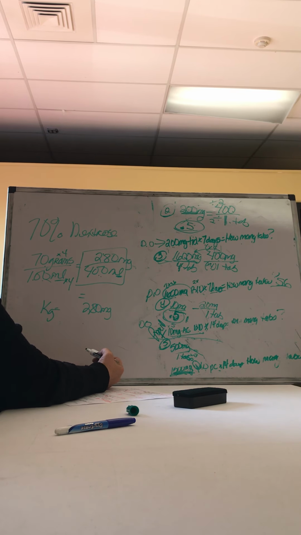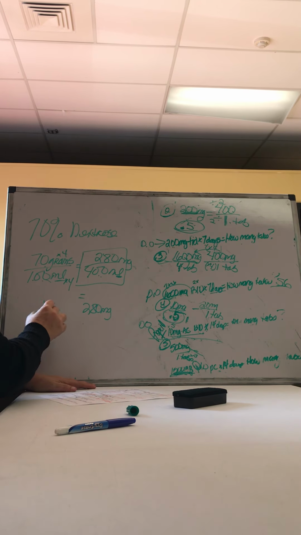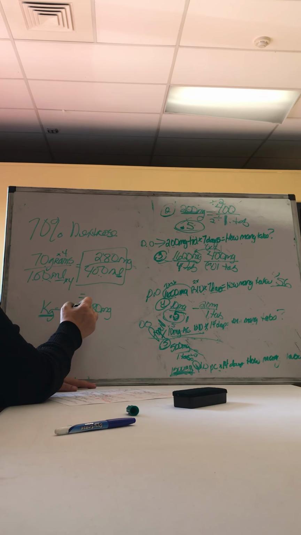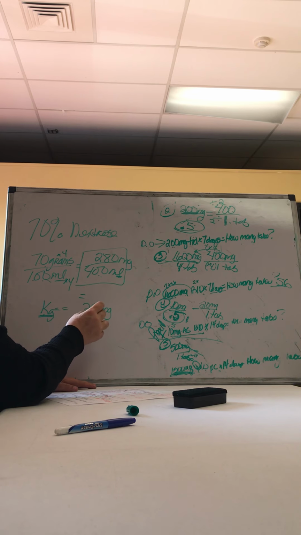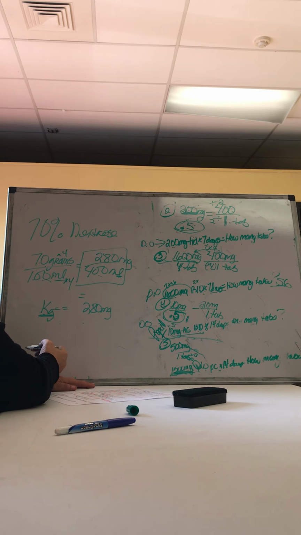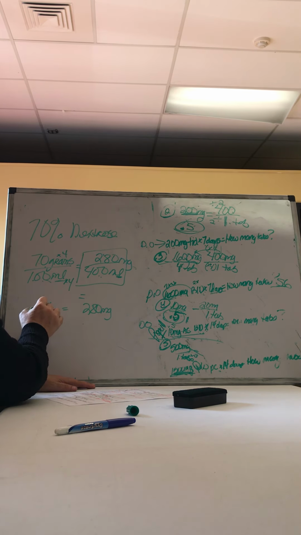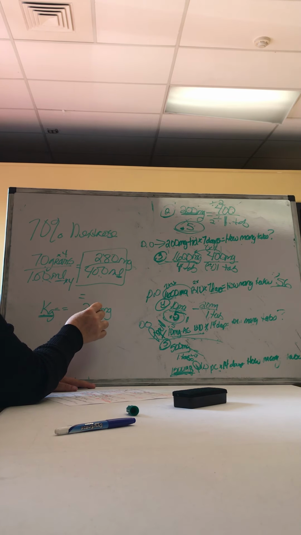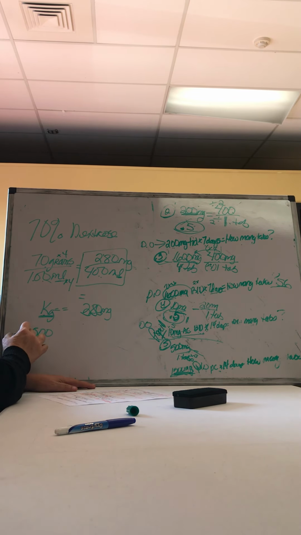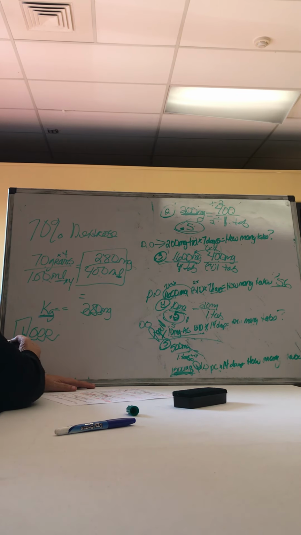We know that's a lot of grams, but not compared to a kilogram. So to make this a kilogram, how many places do we move it? 3. There are 3 zeros in 1,000. So you have to move it 3 places to make it a whole kilogram. That's how they figured that.